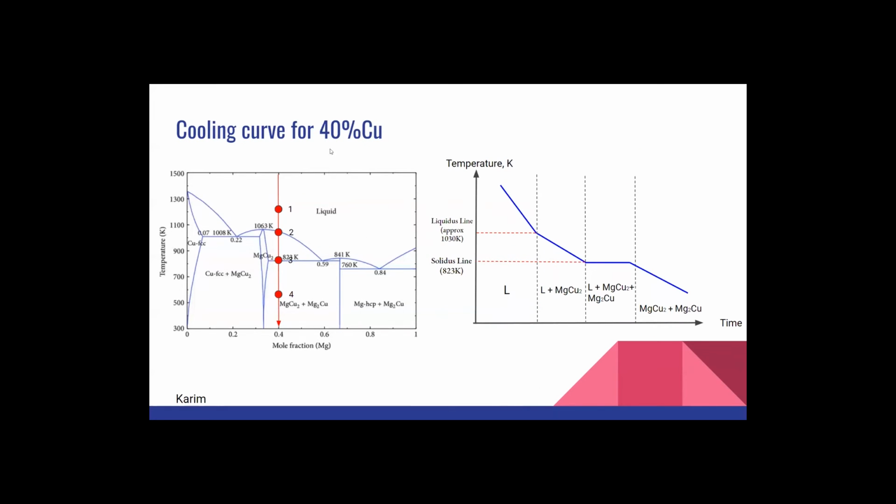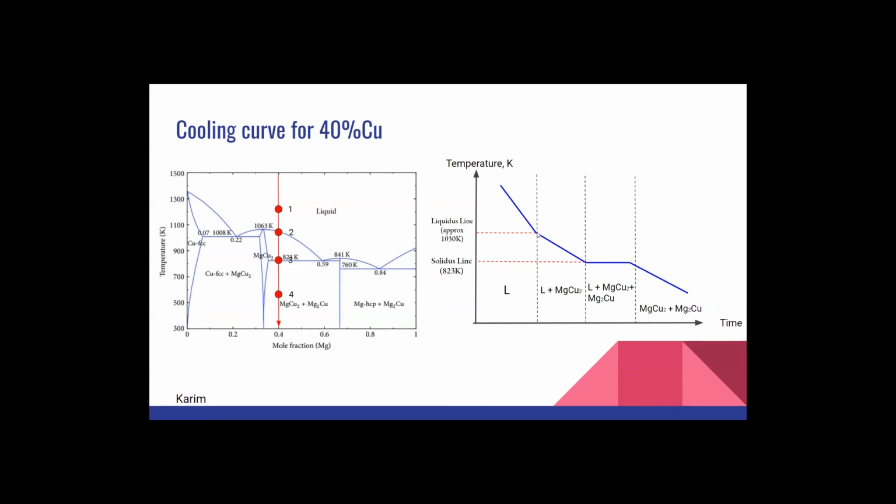The cooling curve for 40% Cu. At first, as we said in the microstructure, the line started at high temperature, then it cools in a liquid state to approximately 1030 Kelvin.